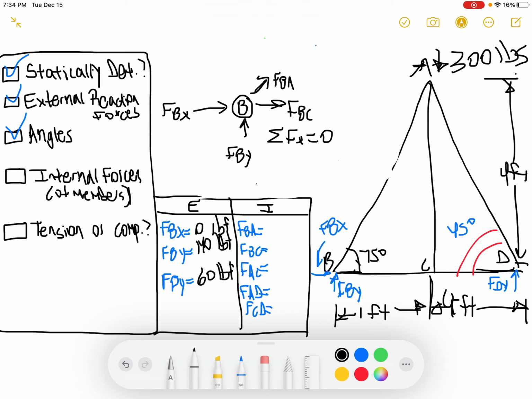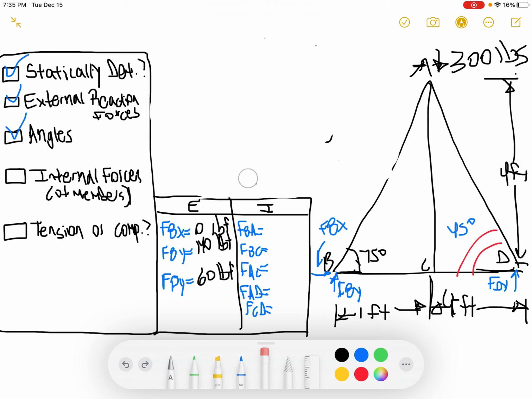Let's first say what the X forces are: FBX, FBC, but also FBA because it's slightly pointing to the left. So we only need to get the X component from that. How we do that is we use the cosine, because of the way that it's pointing. We use the cosine of the angle 75. That's why we needed to find the angles. I'm going to erase that so that I have more room to write.